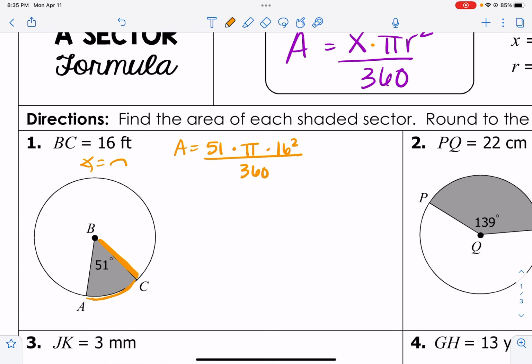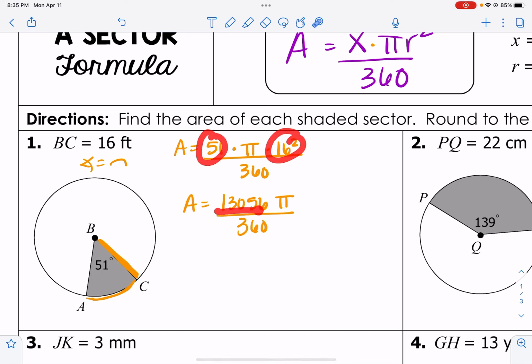If you use the fraction key on the calculator, you can do that all at once. But for at least a couple of examples, I'm going to do just the top, so that I get 13,056 pi divided by 360. That was multiplying 51 and 16 squared to get 13,056.